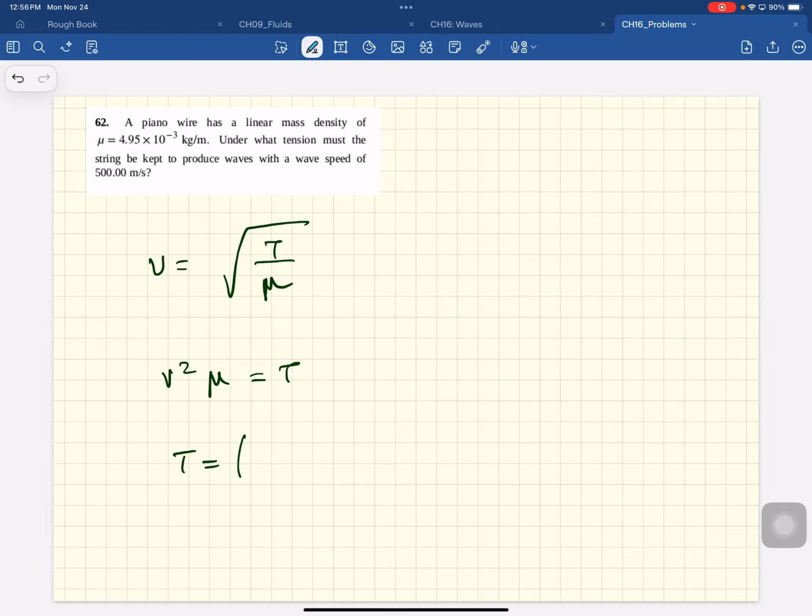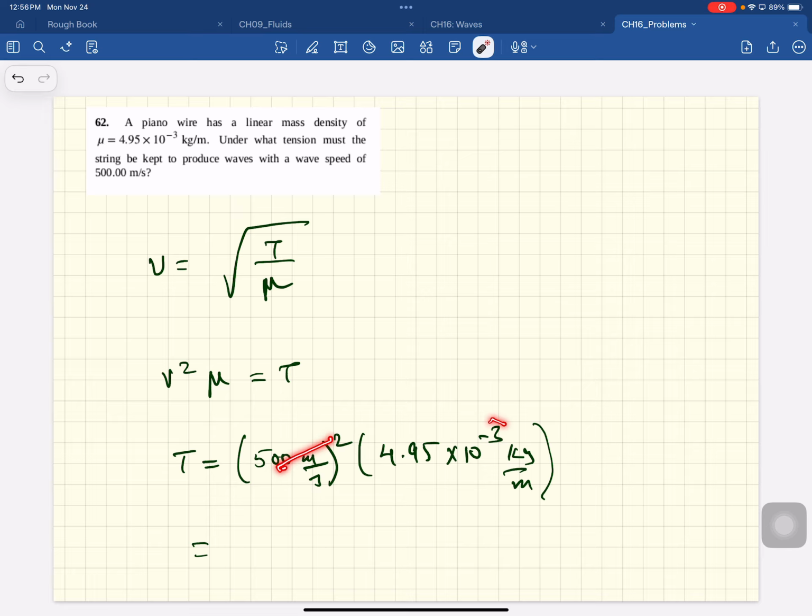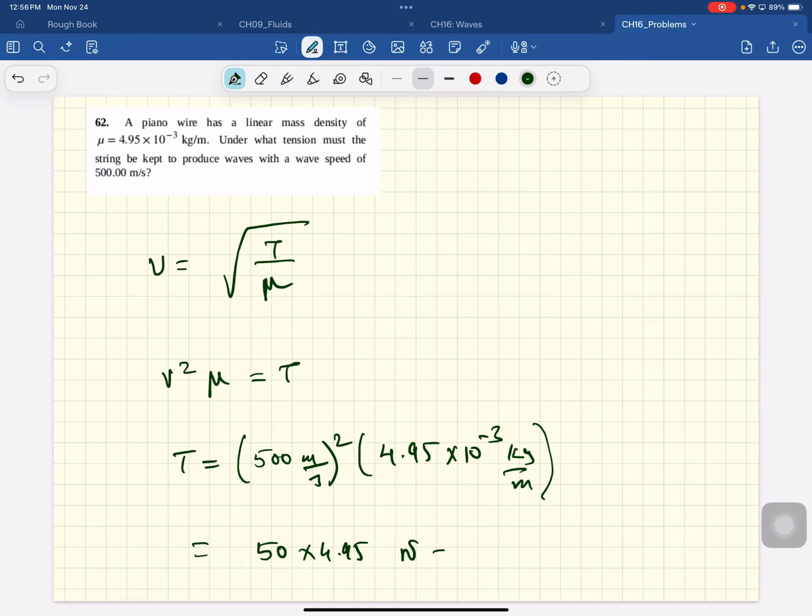So mu is 5 times 10 to the minus 3, and V is 500 meters per second. So you get 10 to the minus 4, so it'll be 50 times that. And it's tension, so the units will be newtons.